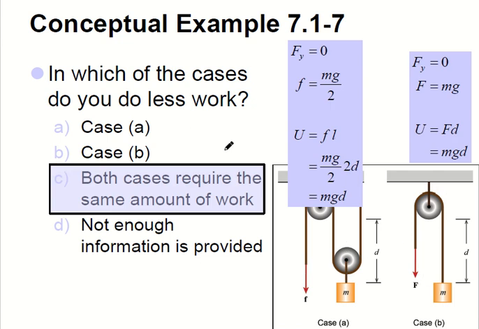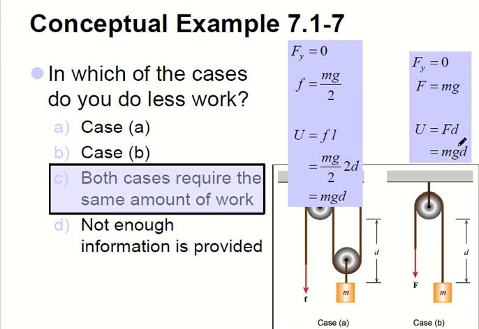Okay, now we're going to write it systematically. See, Fy is 0, you're going to use half of the weight on each pulley, mg/2. So you have a distance d for this pulley and distance d for that pulley. So put that in, 2 will cancel out. You're going to be working only mgd.